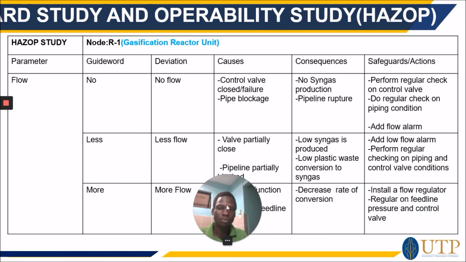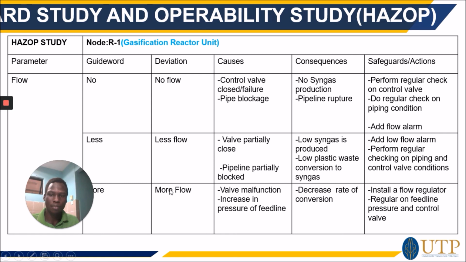Lastly is the more flow deviation, which can be caused by malfunction of the valve and also increase in pressure of the feed line. The consequence of more flow can be decreased rate of conversion. The safeguards taken include installation of the flow regulator.